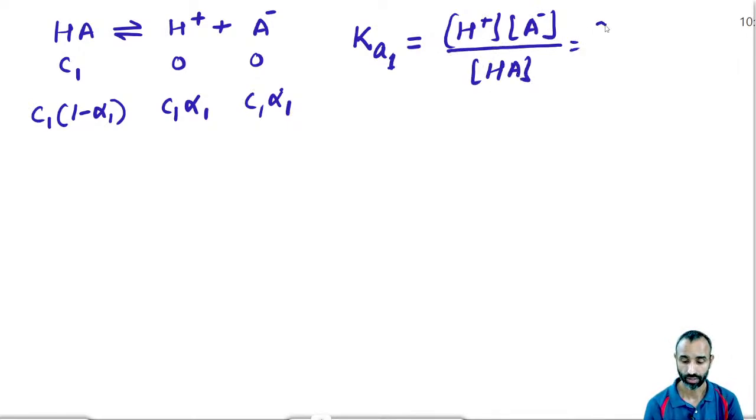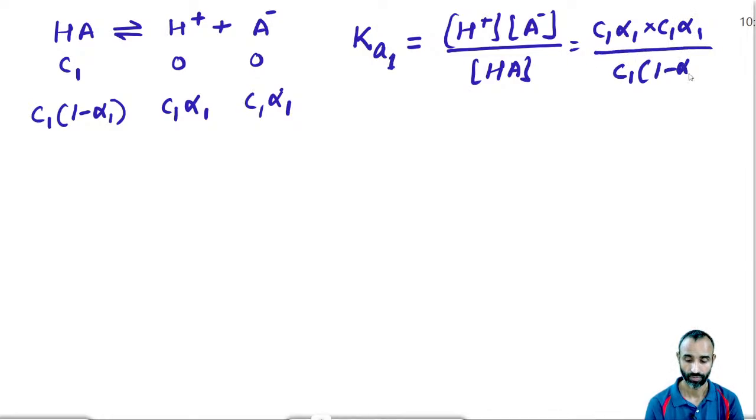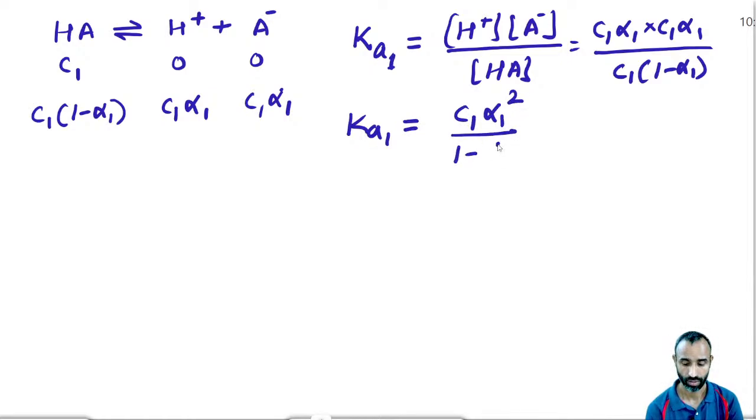So it is C1 alpha 1 multiplied by C1 alpha 1 divided by C1(1 minus alpha 1). So C1 C1 cancel. So Ka1 is equal to C1 alpha 1 square upon 1 minus alpha 1.